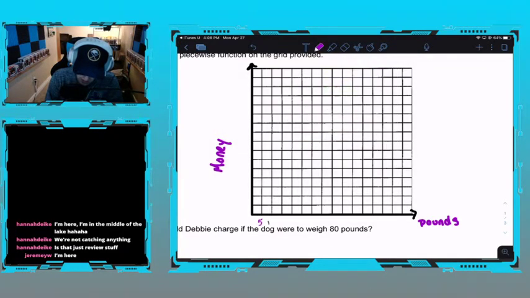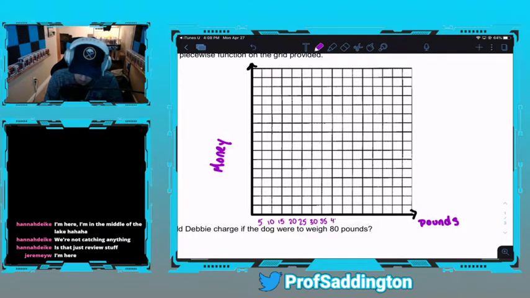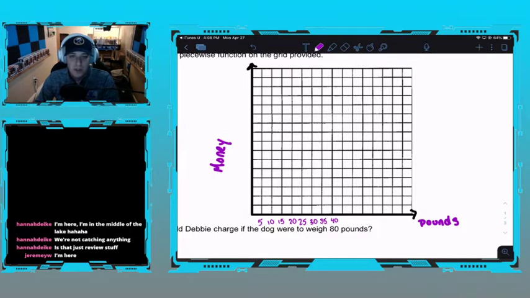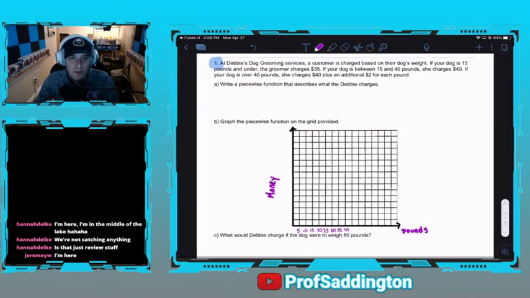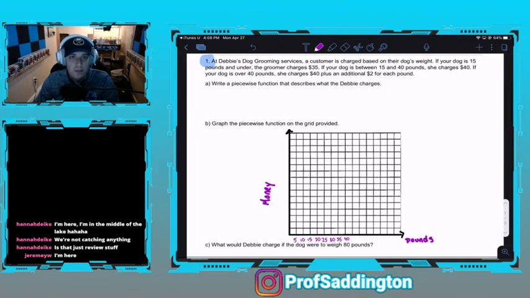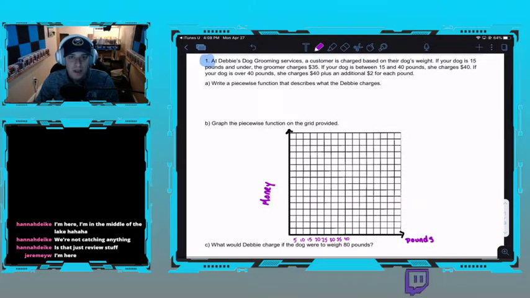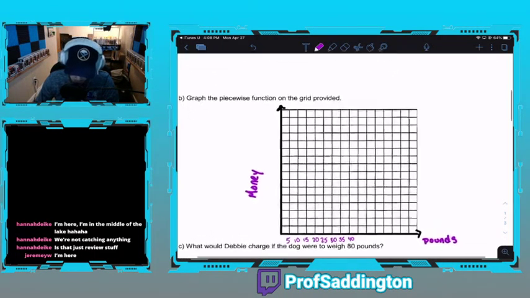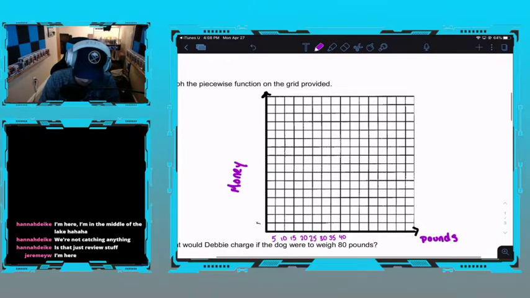So we got 5, 10, all the way up to 40. And I'll do the same thing with the money. The money says we have $35, we have $40, and then 40 plus $2 each. So yeah, I'll do the same thing.